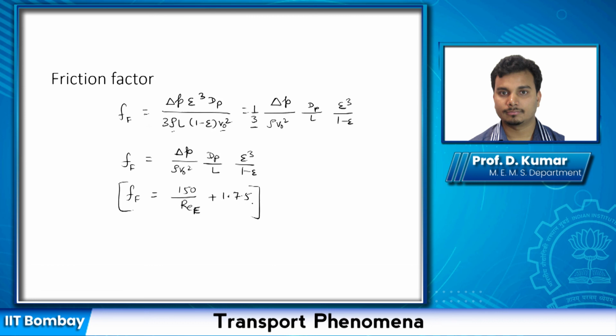Once you know the friction factor, you can of course find the EF term. EF term is nothing but delta P by rho. Delta P and rho we already know.